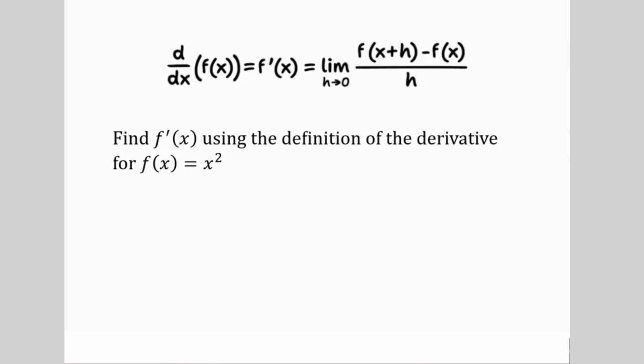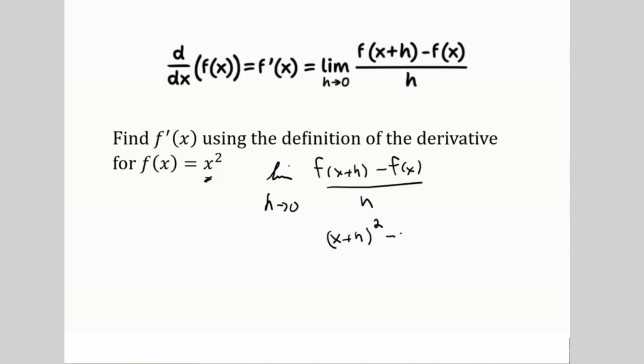We do the same thing: we take the limit as h approaches 0 of f of x plus h minus f of x, divided by h. So f of x plus h would be x plus h, plugged in for x, so we have to square it, minus f of x, which is just x squared, all divided by h.